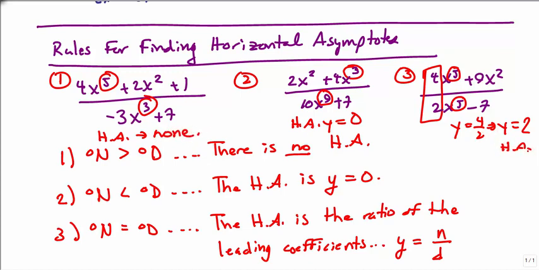So these are my rules for determining my horizontal asymptotes, and you're going to want to have these memorized. Graphing these sometimes isn't very helpful when it comes to finding horizontal asymptotes. Now remember, for vertical asymptotes, basically it's where my function is undefined. So for vertical asymptotes, I look at the denominator.